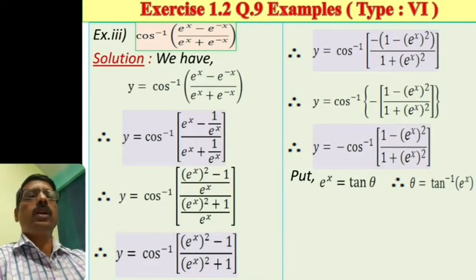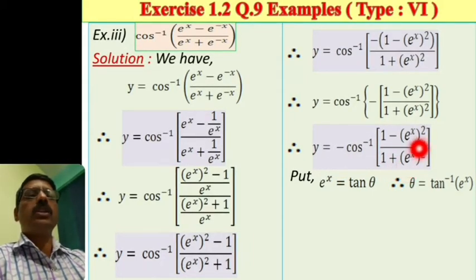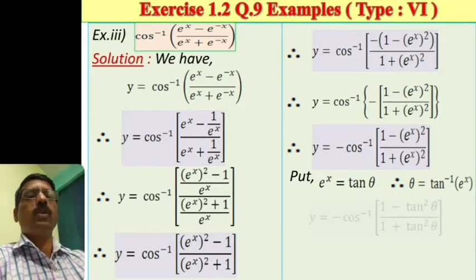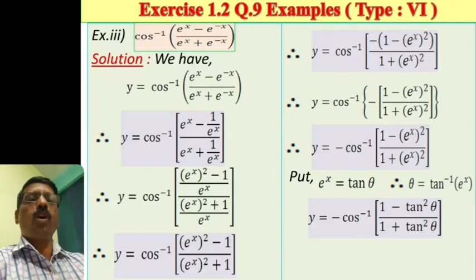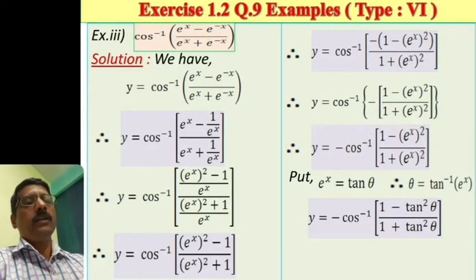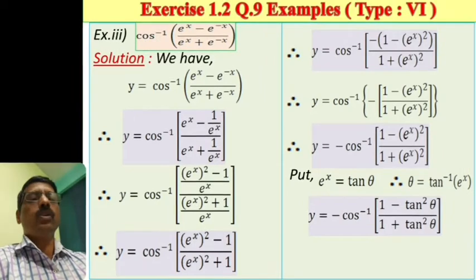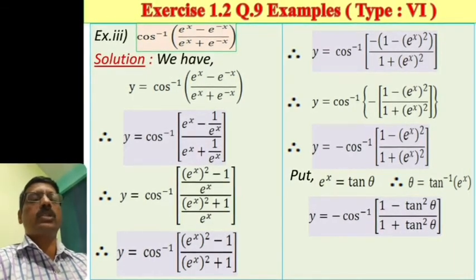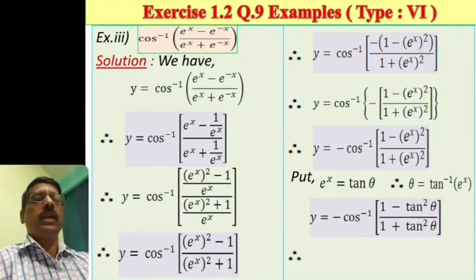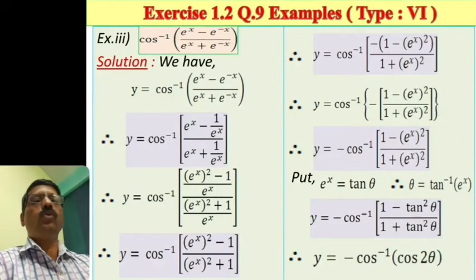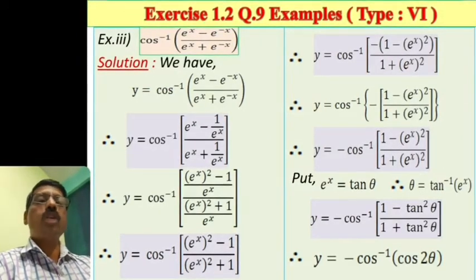Substituting this in the given equation, y equal to minus cos inverse of (1 minus tan square theta) upon (1 plus tan square theta). Now we apply the formula: we know that (1 minus tan square theta) upon (1 plus tan square theta) equal to cos of 2 theta, and therefore the given function becomes y equal to minus cos inverse of cos 2 theta.